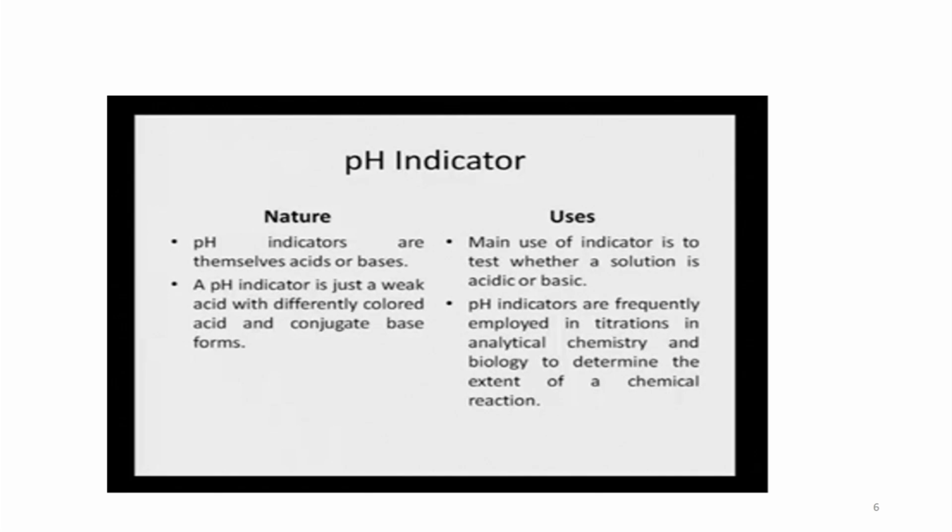So, as you may recall, we had many pH indicators in BSc class and in MSc class. If you have done any kind of titrimetric analysis, then you would remember that phenolphthalein and those kinds of indicators are just added.